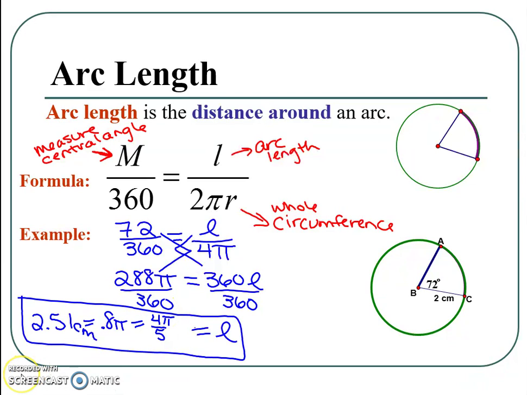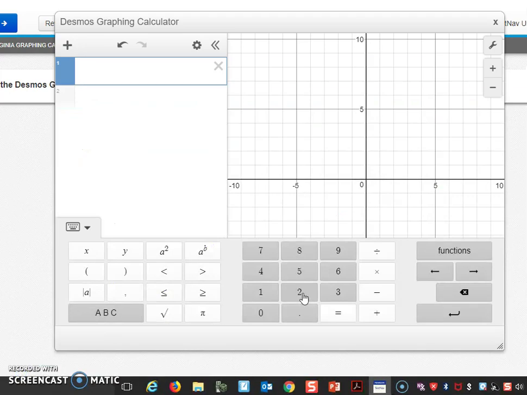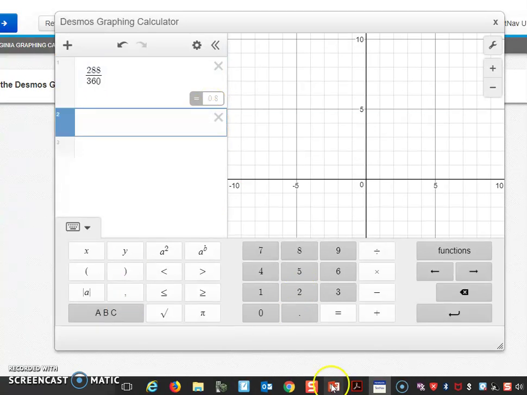So let me show you that on the Desmos calculator. 288 divided by 360 gives me 0.8. So right here you have 0.8 pi.